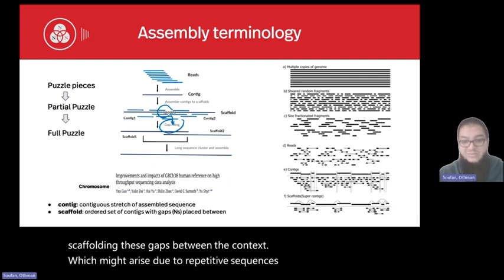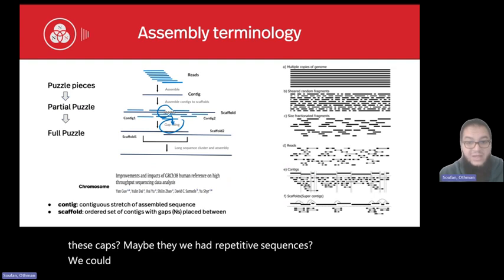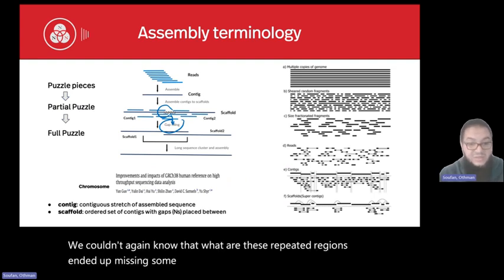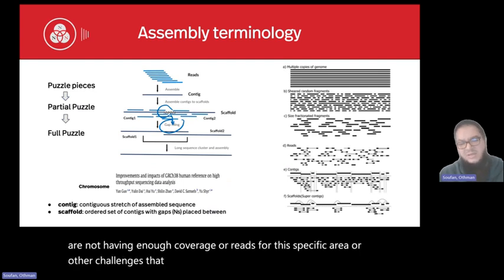Why do we have these gaps? Maybe we had repetitive sequences, we couldn't know what these repeated regions are, and ended up missing some information. Or sequencing error, maybe not having enough coverage or reads for this specific area, or other challenges that we had through the assembly process.